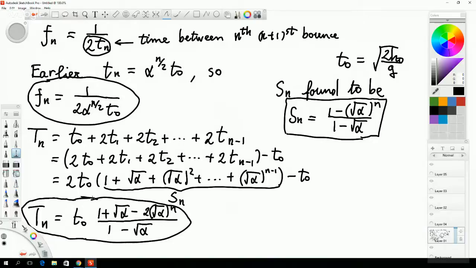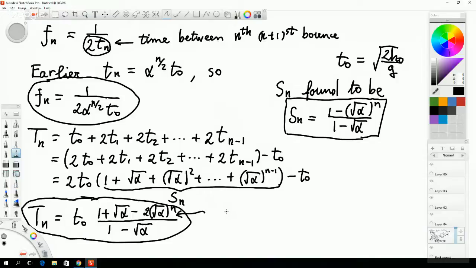Okay, so starting from this equation, you see we have an alpha to the n over 2 over here. It's the last term on the numerator of this fraction. So let's just isolate this, and then we'll obtain the expression in terms of Tn.